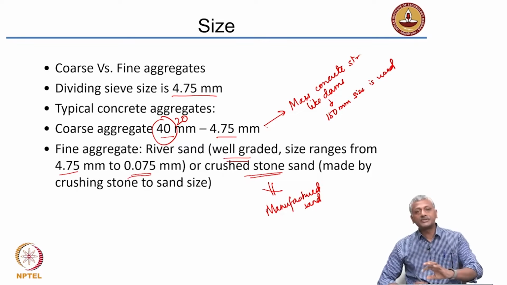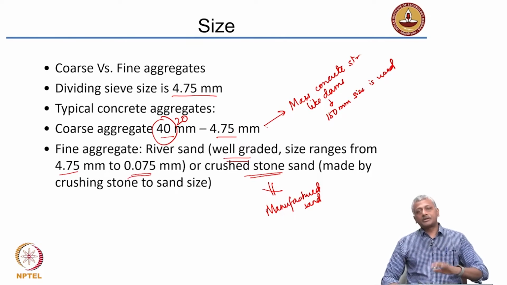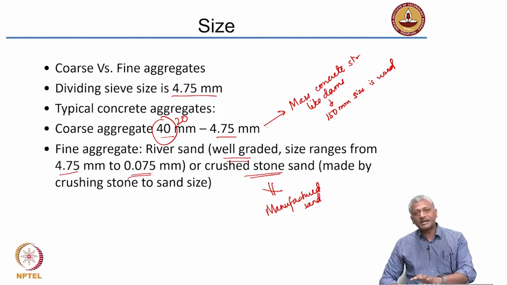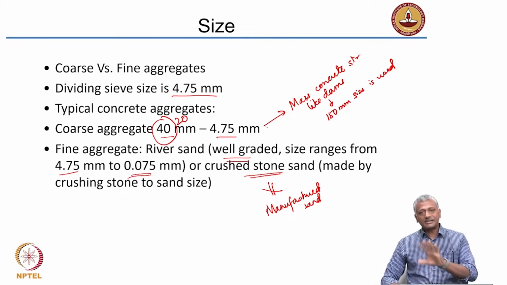Very often people use this interchangeably, but it is not technically correct, because crushed stone sand is still obtained from a natural stone and simply crushed to the right size. Manufactured sand on the other hand is obtained from a source that is not natural, I will talk about that in just a minute, and then processed to aggregate size. So, that is a little bit different, manufactured sand as opposed to crushed stone sand.